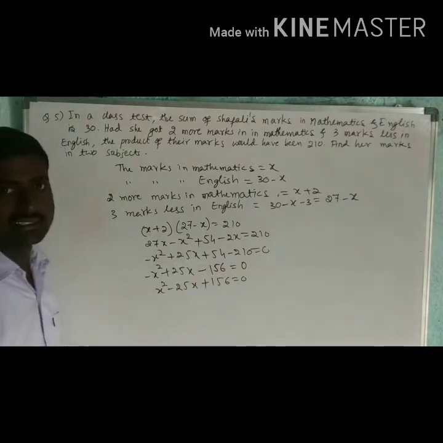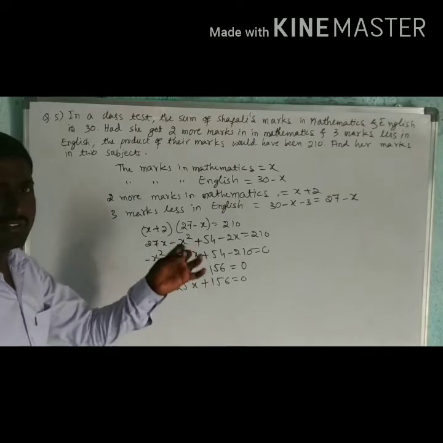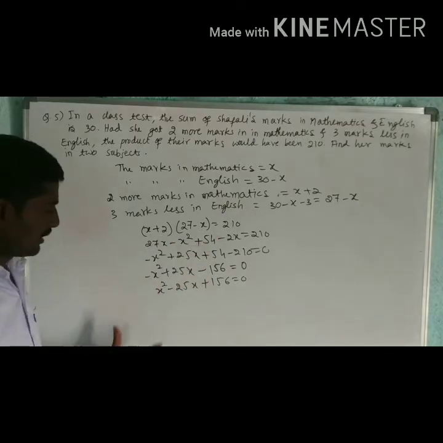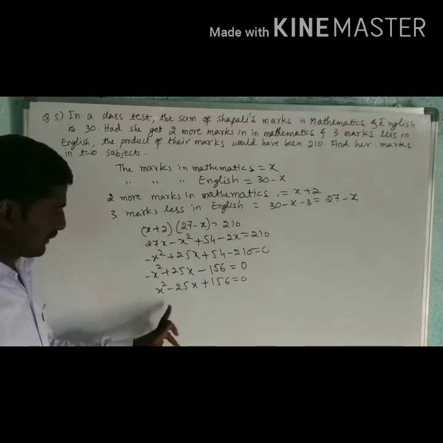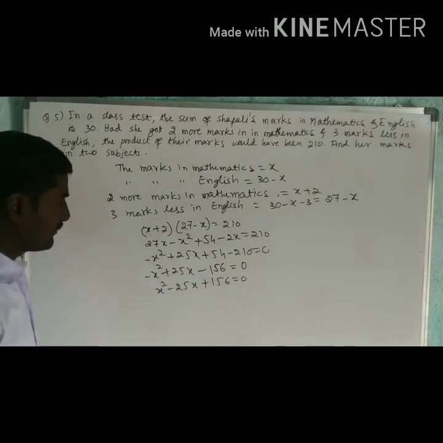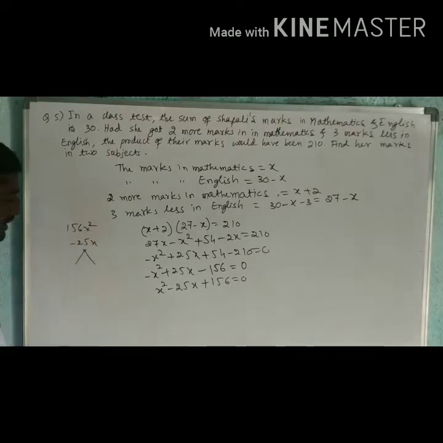Now I have to solve this either by the completing square method, factorization or formula; any one you can follow. Here I will follow factorization. If you multiply the first and last term, I should get 156 x square. I have to split minus 25x. I will split it into minus 12x minus 13x.